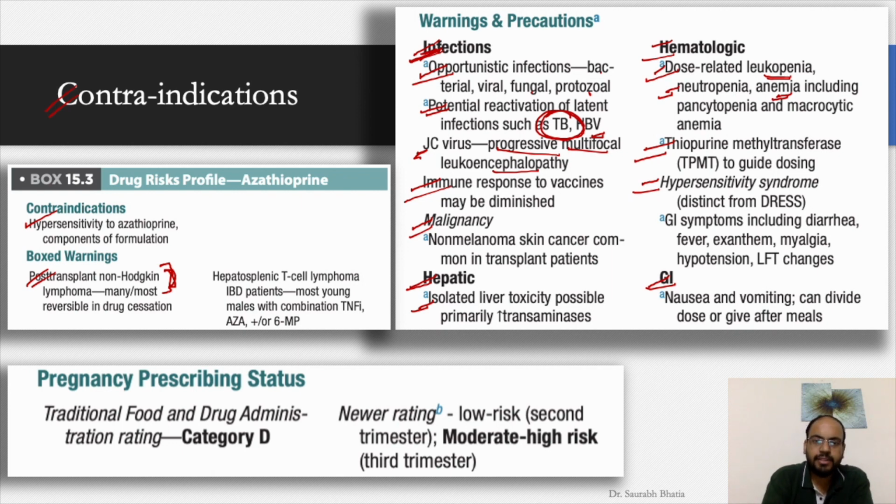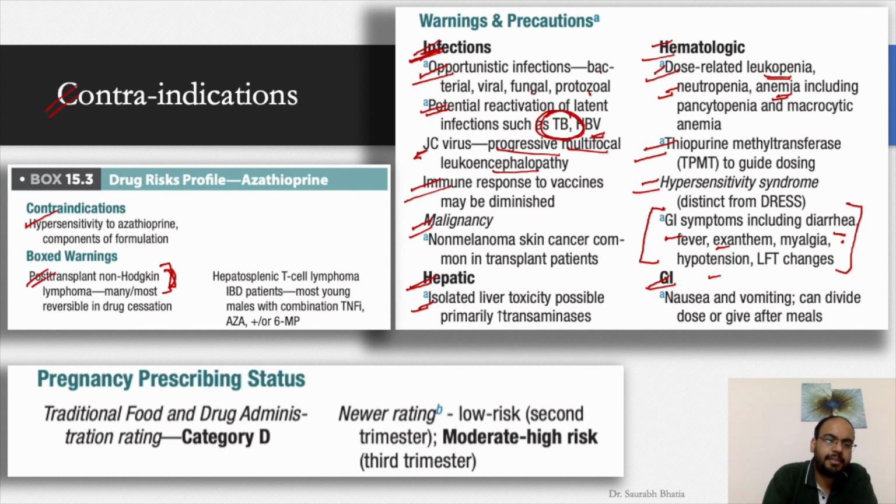We'll discuss that in the next slide, I think. The GI symptoms include diarrhea. There are also symptoms like fever, exanthem, hypotension. I think these are all the symptoms seen in drug hypersensitivity to azathioprine. GI symptoms like nausea, vomiting are the general, most common side effects that we have to mention.